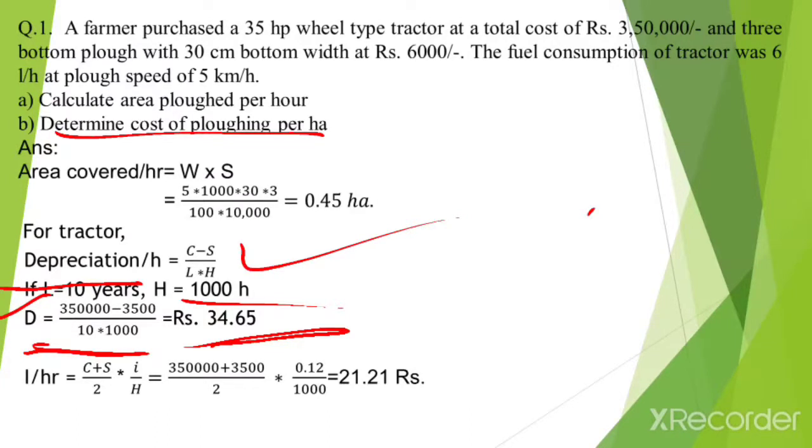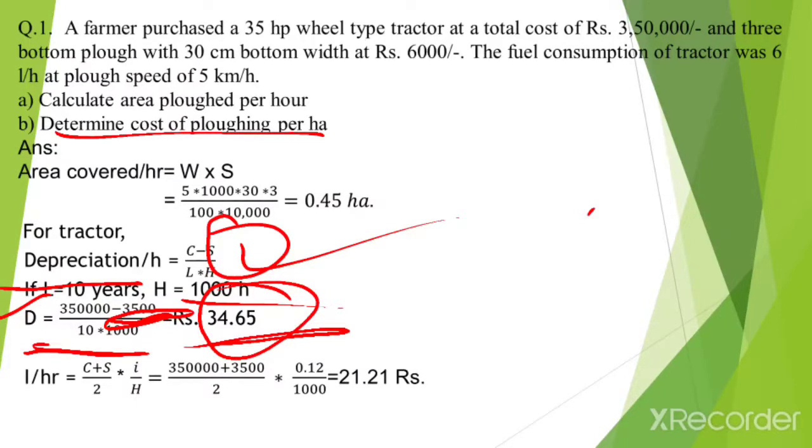Here S is the salvage value, and that is considered as 10% of the initial cost, so here 3,500. Wait, that is 10% of 3,50,000, so the answer will be 34.65 rupees depreciation cost.